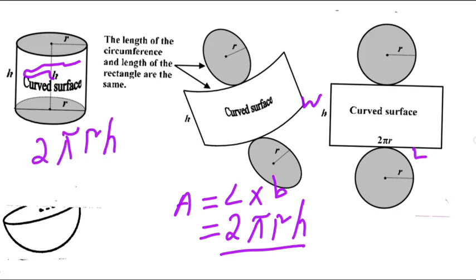Don't forget, the top is a circle, and the bottom is a circle as well. The area of a circle is pi r square, and we have 2 circles, so we say 2 pi r square.